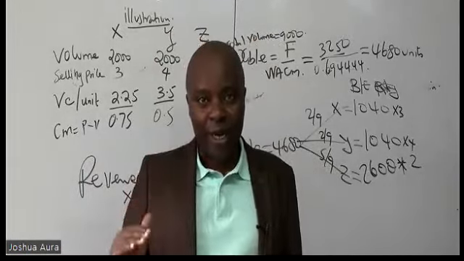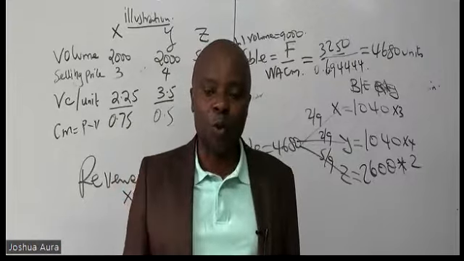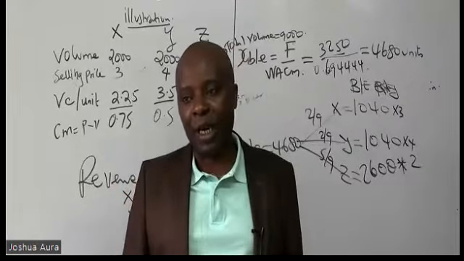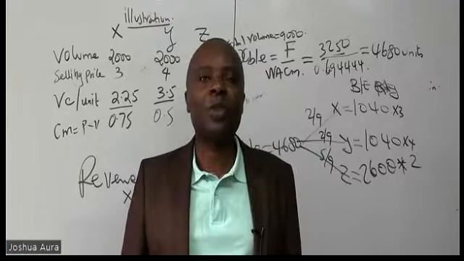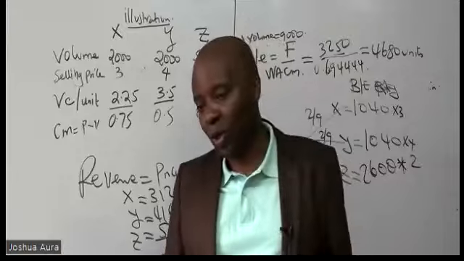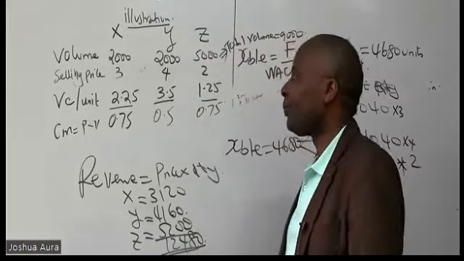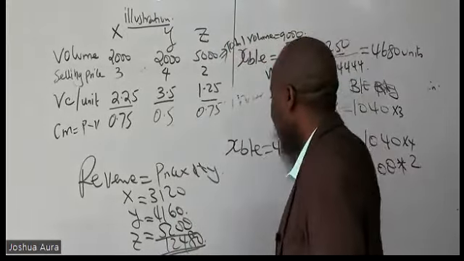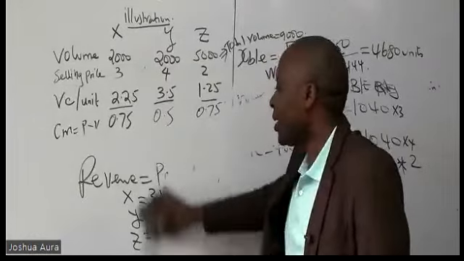That is part 1. And now we go to part 2, which is the main aim of this particular class. Part 2, they want us to construct a break-even chart. So how do we construct a break-even chart? Quite a simple thing.